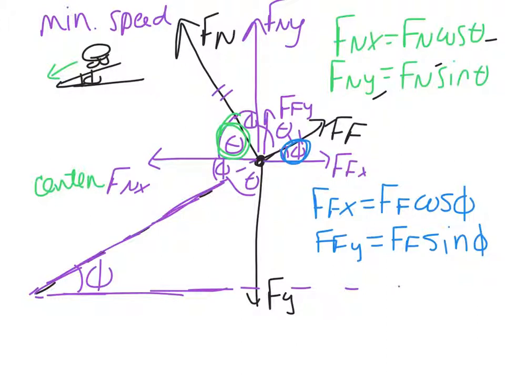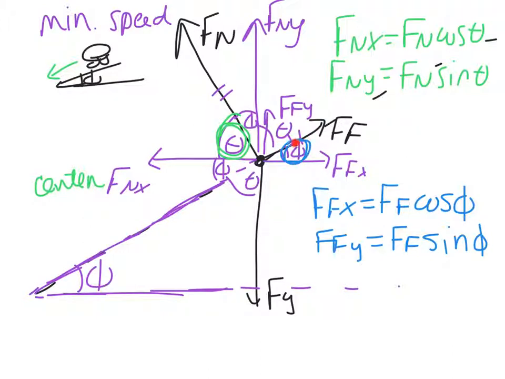And again, the reason for that, here's your x-axis. The angle between the frictional force and the component, which is on the x-axis, is phi. The angle between the normal force and its component is theta. So the angle relative to the x-axis for normal force is theta.